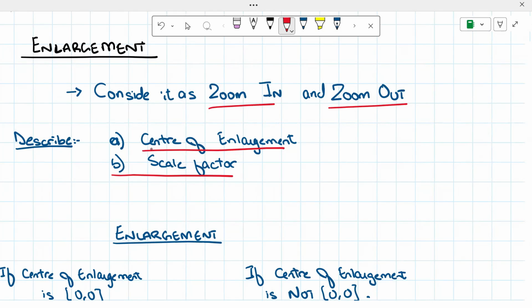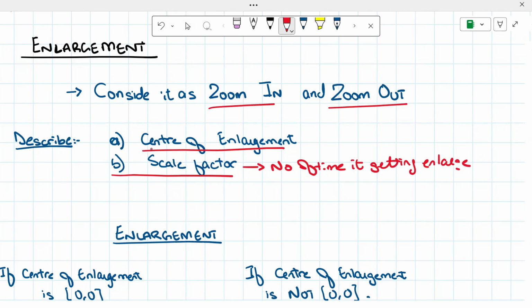Whereas the scale factor is the number of times the object is getting enlarged. If the scale factor is given as two, we will say that the image is twice the size of the object.